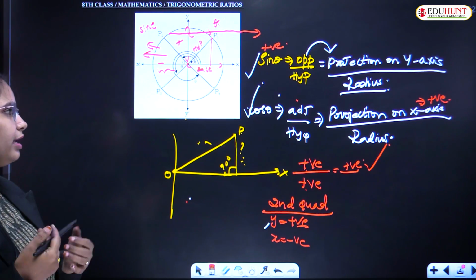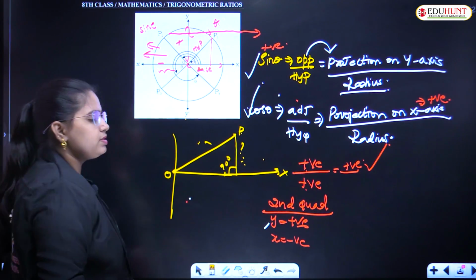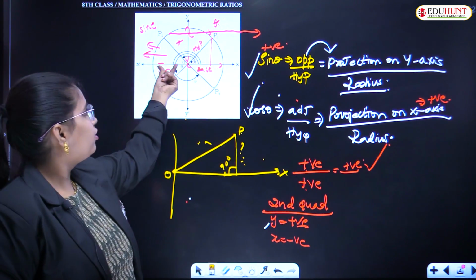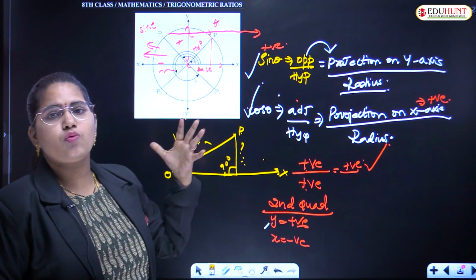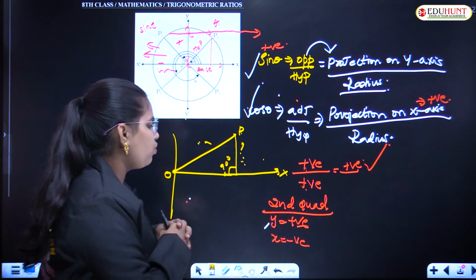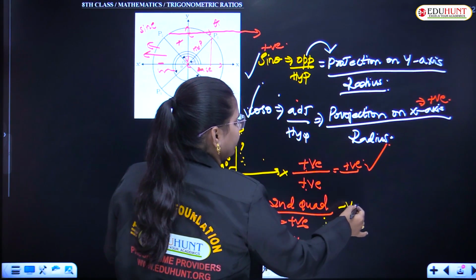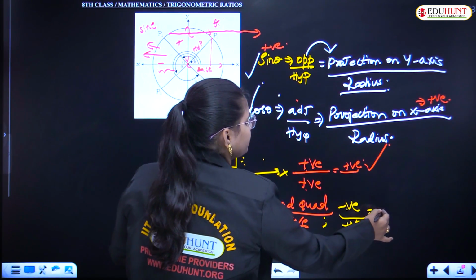Next, let's talk about cosine. What happens in the second quadrant? I told you x is negative in the second quadrant. So projection on x-axis is negative and radius is positive. Negative upon positive is negative.